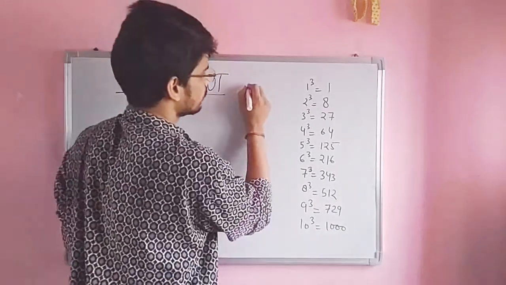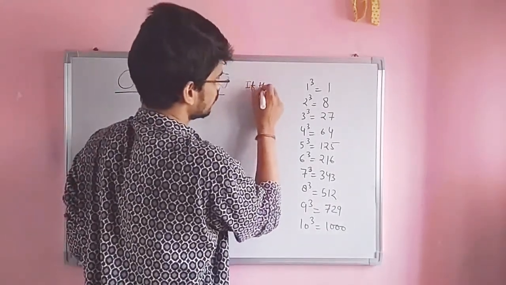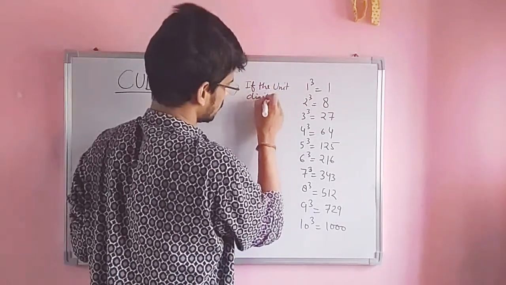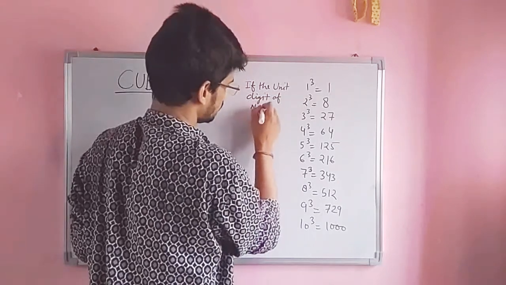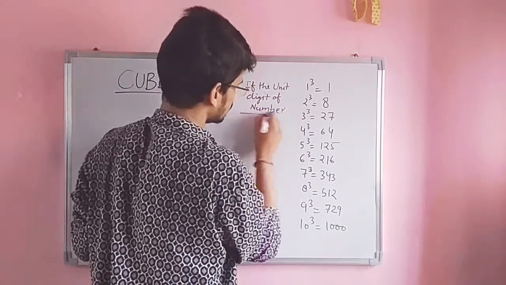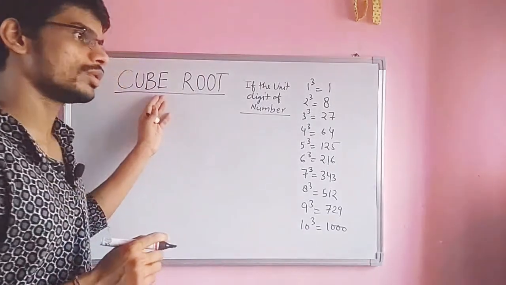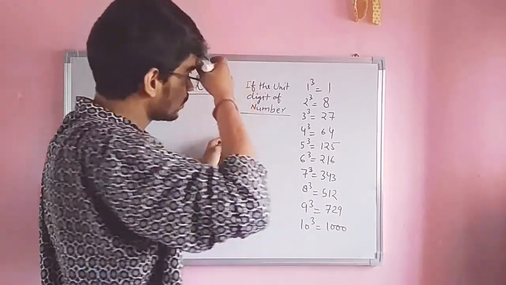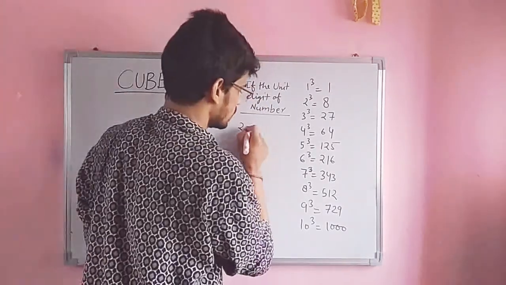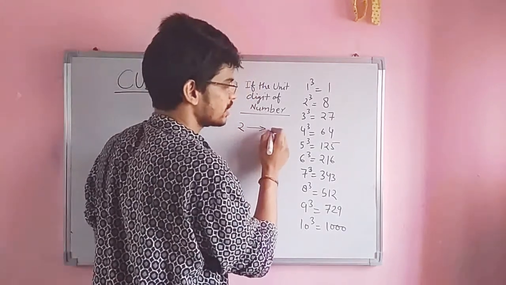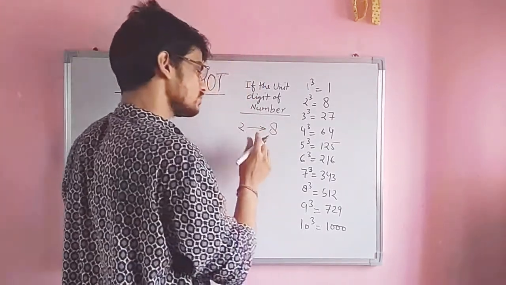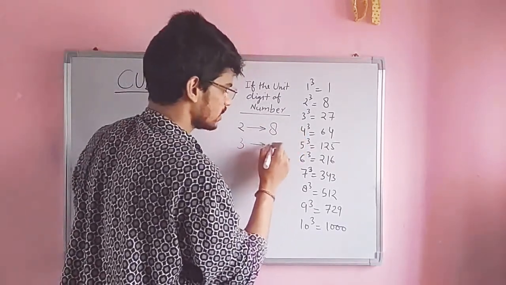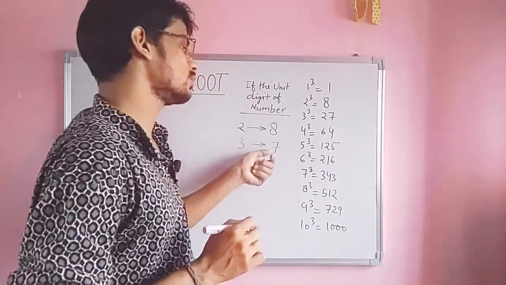So now, if the unit digit of a number is 2, its cube root's units place is 8. If it is ending on 3, its cube root's units place is 7.